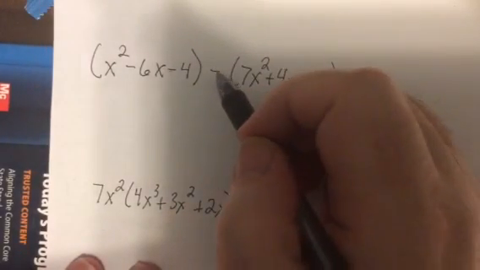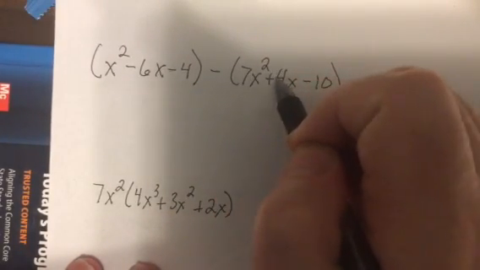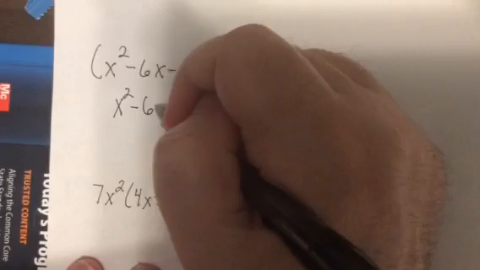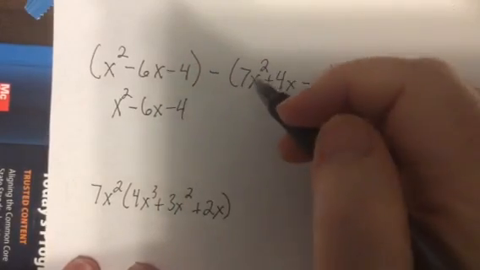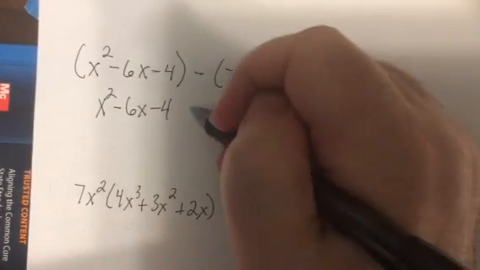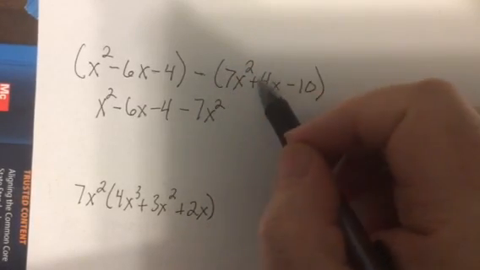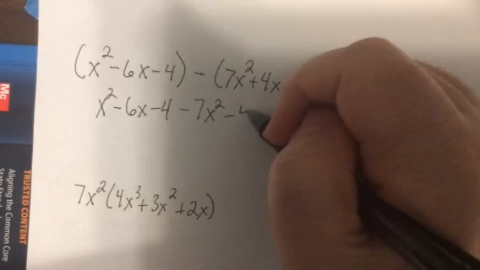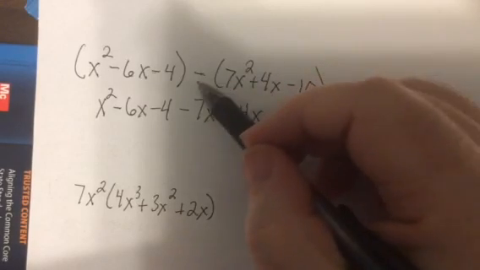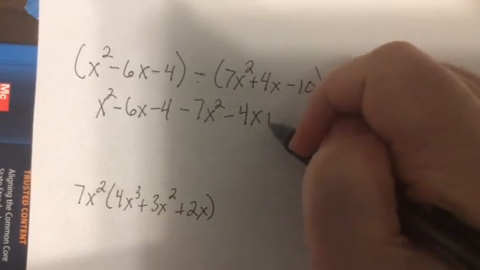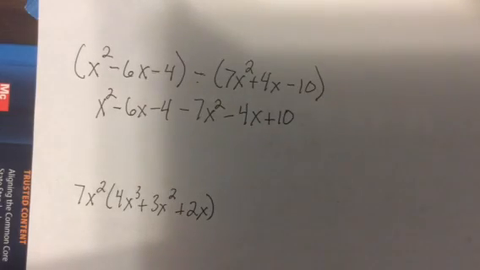So, first we need to take the minus and go to all 3 terms. This one has a positive 1. It's not shown. So this would be a minus 7x squared, minus 4x, and minus a minus 10, which is plus 10.